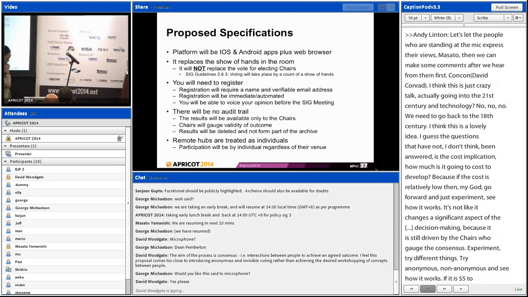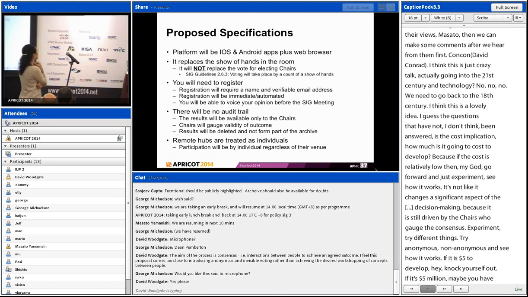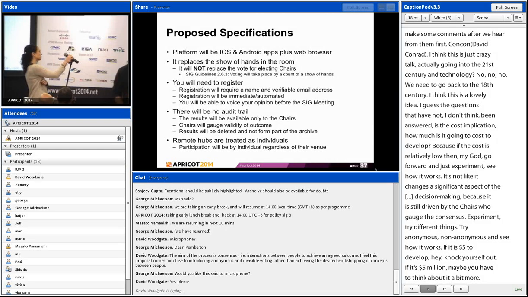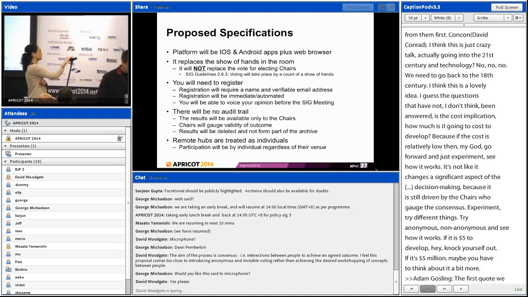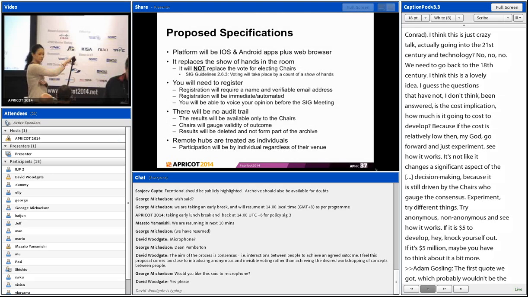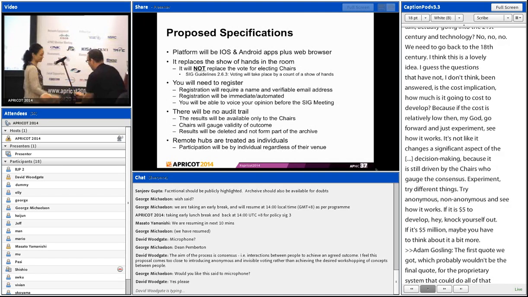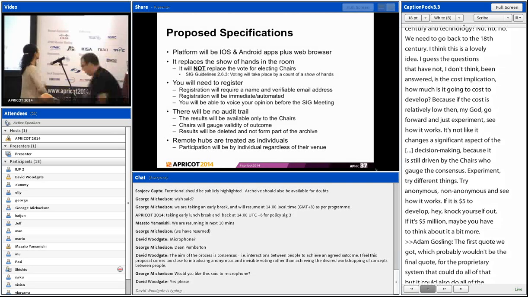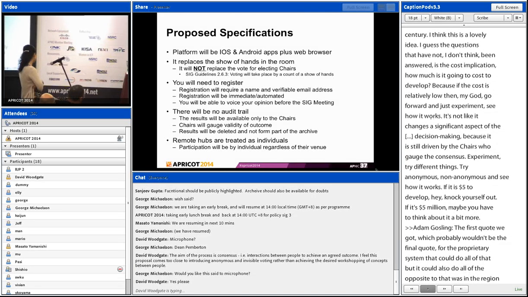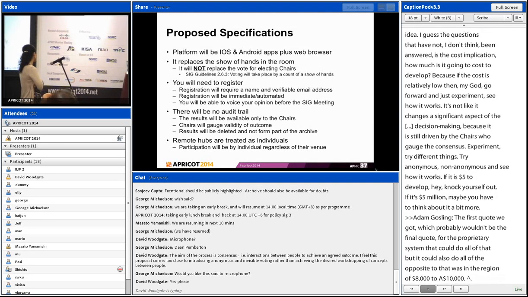I guess the first quote we got, which probably wouldn't be the final quote, for the proprietary system that could do all of that, but it could also do all of the opposite to that, was in the region of 8,000 to 10,000 Australian dollars. There was a substantial ongoing license fee, but certainly not that much. That included getting a little remote.